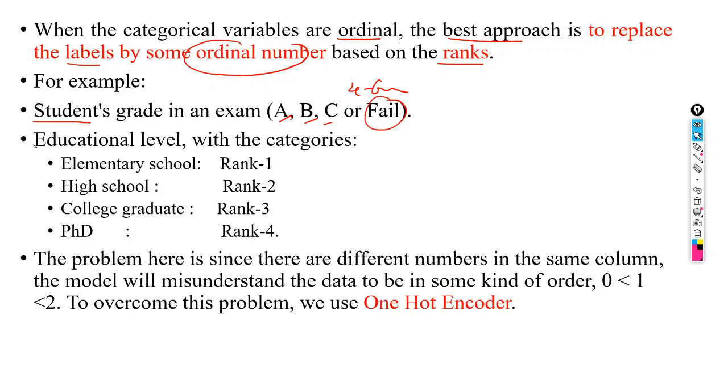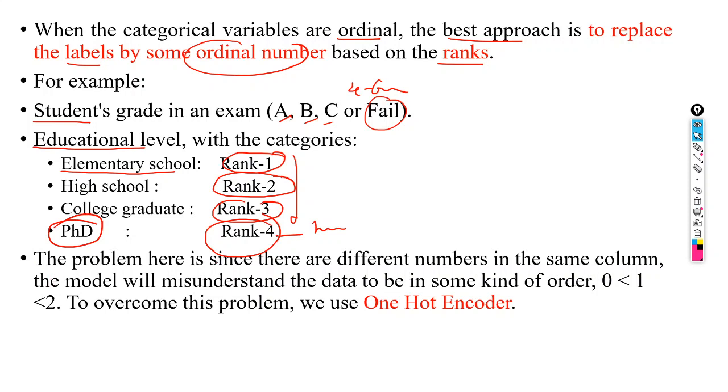One more example, education level: elementary school is rank 1, high school is rank 2, college graduate is rank 3, and PhD is rank 4. Among these 4 numbers, this is the highest number, the maximum. The machine learning algorithm will give preference to this label.